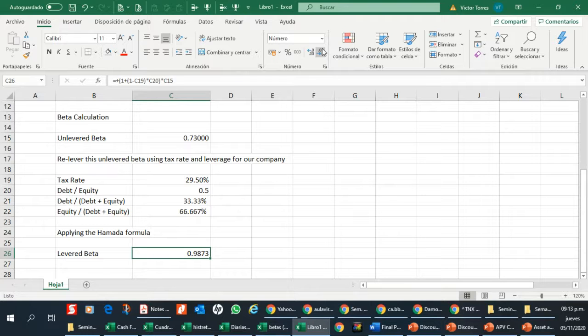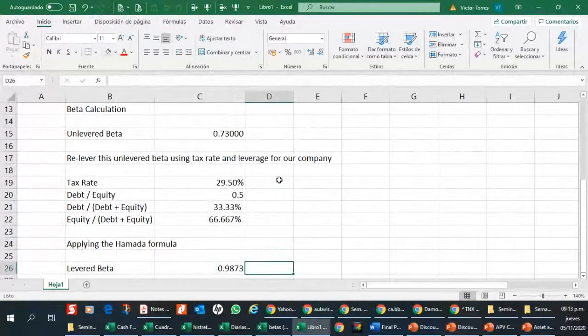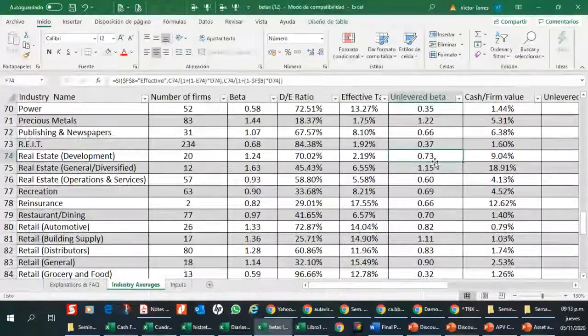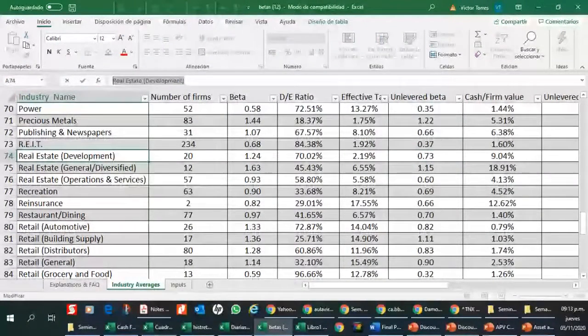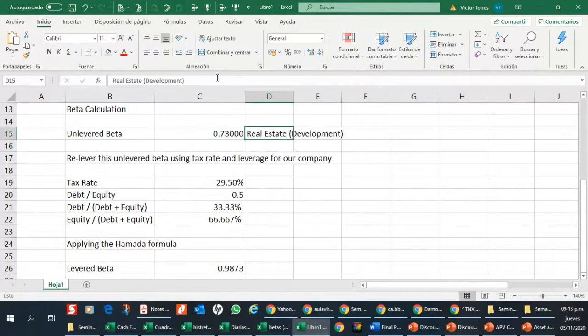Is that the beta for our company in Peru? No. Once again, I picked up the 0.73 for real estate development companies in the United States.